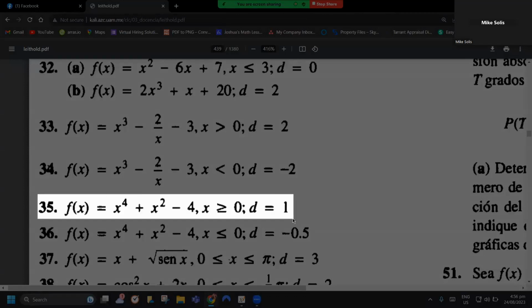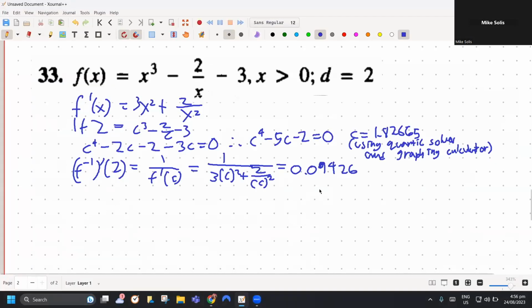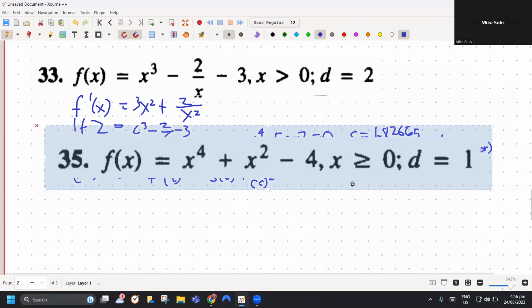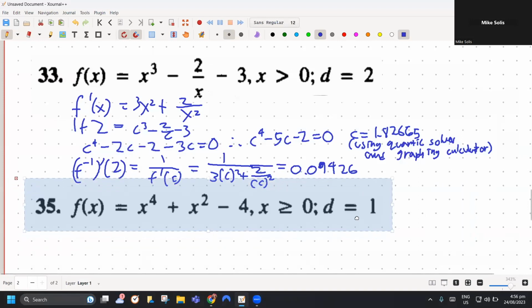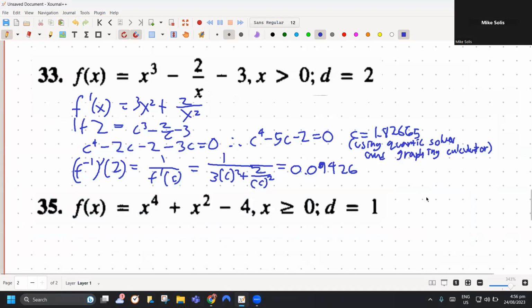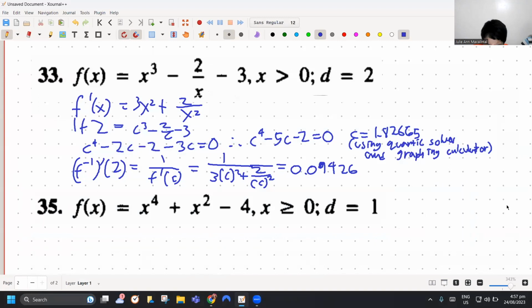Teka, parang hindi pa tapos yun. Pakibalik. Di ba, kinalculate mo na ba yung value ng 3c squared plus 2 over c squared? Kaya, pwede, so, balik ako sa calcu.